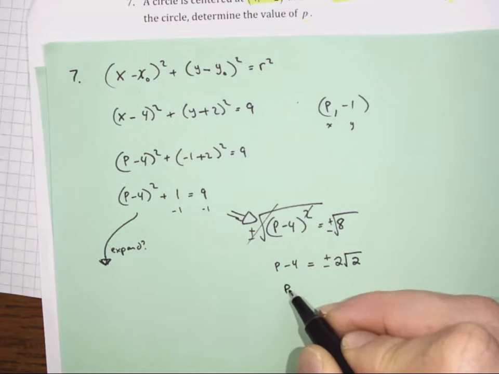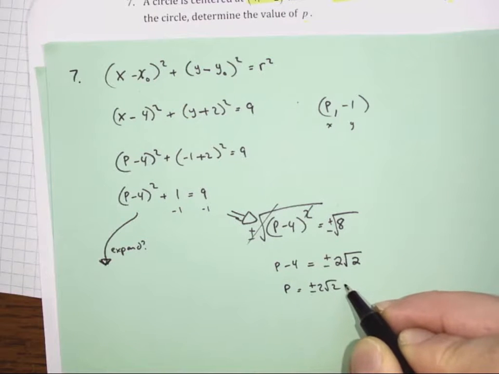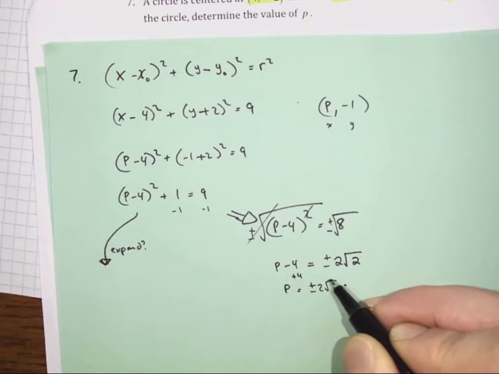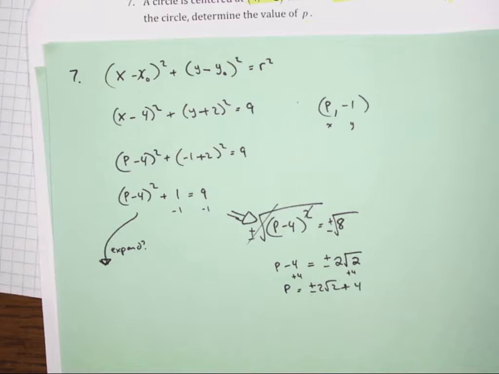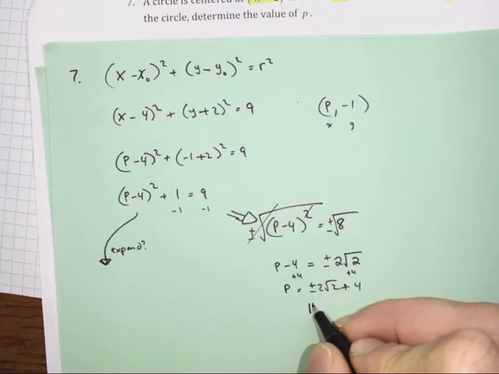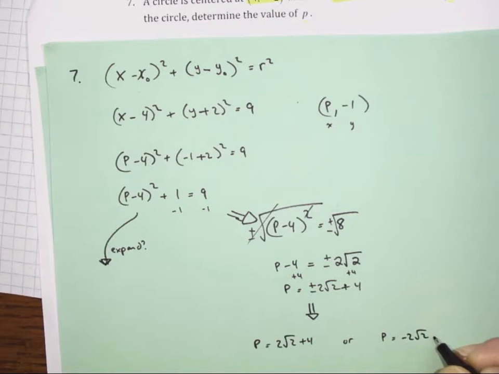And so P minus 4 has a value of plus or minus 2 root 2. And then we're going to add 4 to both sides. That looks a little ugly, so I like to actually write it as two statements. I like to say P is 2 root 2 plus 4, or P equals -2 root 2 plus 4.